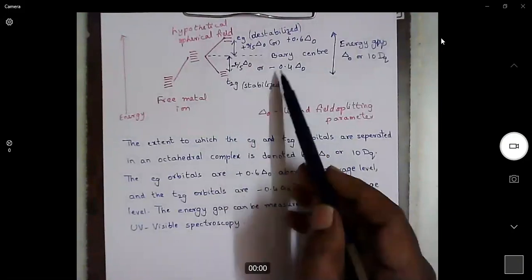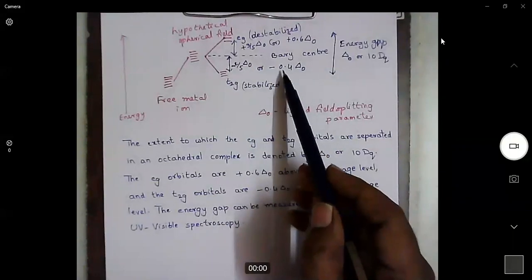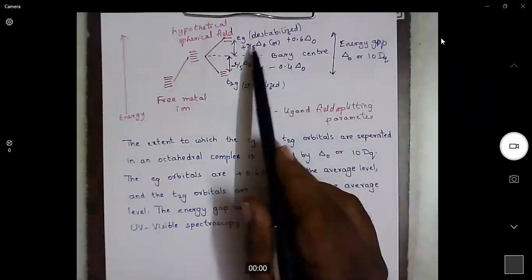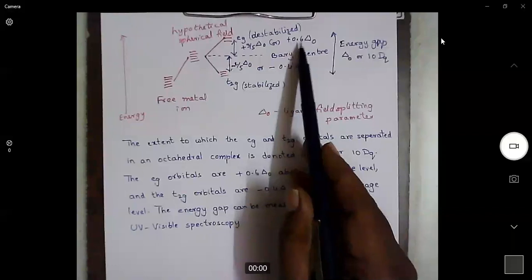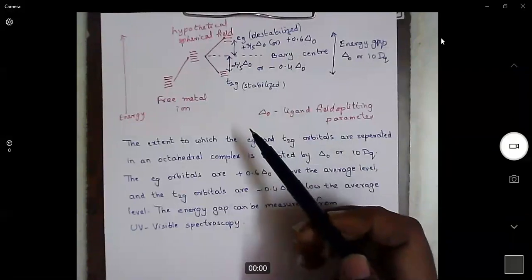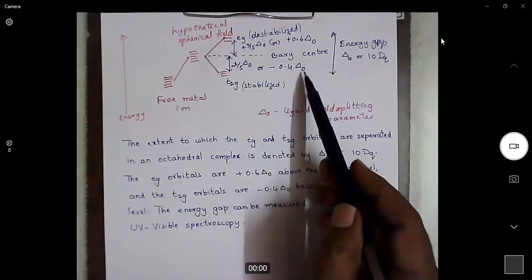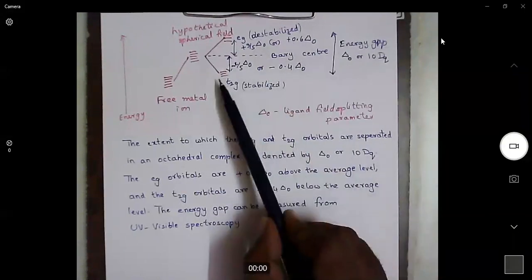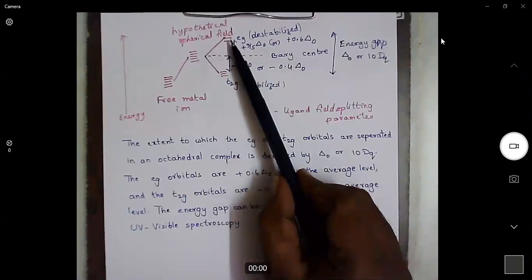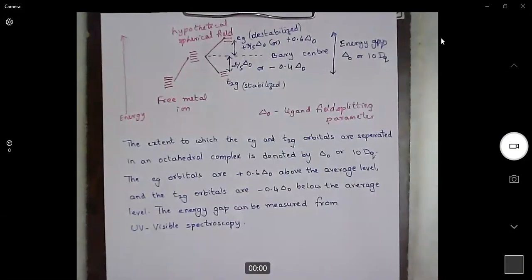That means they will lose an energy of minus 0.4 delta naught, whereas Eg orbitals are destabilized. That means they will gain an energy of plus 0.6 delta naught, where delta naught is the band gap in octahedral crystal field splitting. That means the energy difference between T2g orbitals and Eg orbitals.